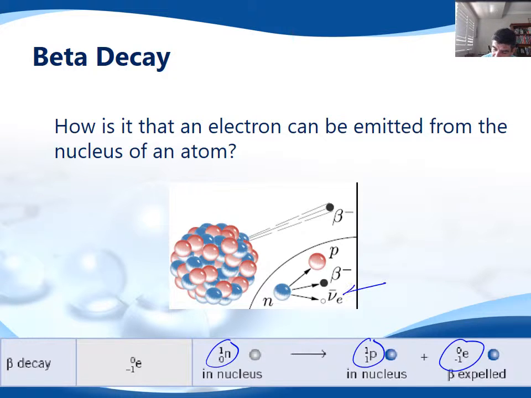You may, particularly if you do physics, have also heard of neutrinos or other subatomic components of the atom, which we won't look at in too much detail in this part of the course. But obviously, if you know more about that and you can include those in your answers, then that's perfectly reasonable. But at this point in time, as long as we're aware that beta decay basically involves the conversion of a neutron into a proton and that high-speed electron, which is our beta particle.